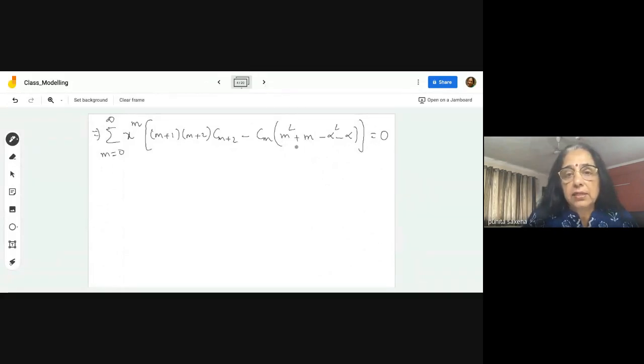Now just look at this term. Can I not write it as m square minus alpha square plus m minus alpha? Right? Yes. Which is nothing but m minus alpha, m plus alpha, plus m minus alpha, which is nothing but m minus alpha common and then m plus alpha plus 1.